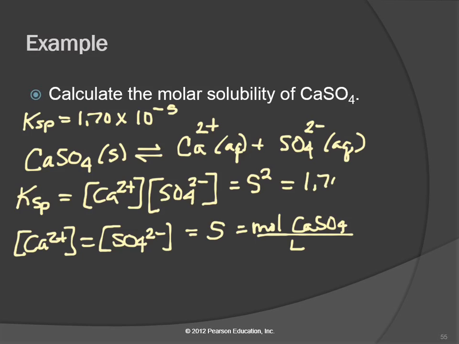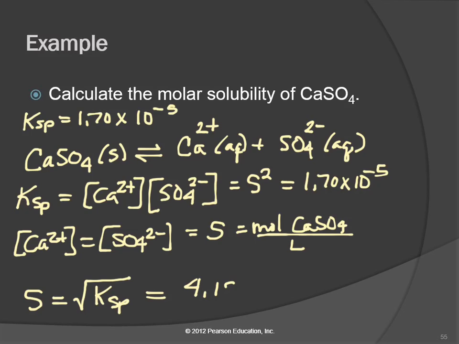We know the value for that. So we end up with S being equal to the square root of the KSP. Square root of 1.7 times 10 to the minus 5 is 4.12 times 10 to the minus third. Now we need to put units back on there. That's moles per liter.